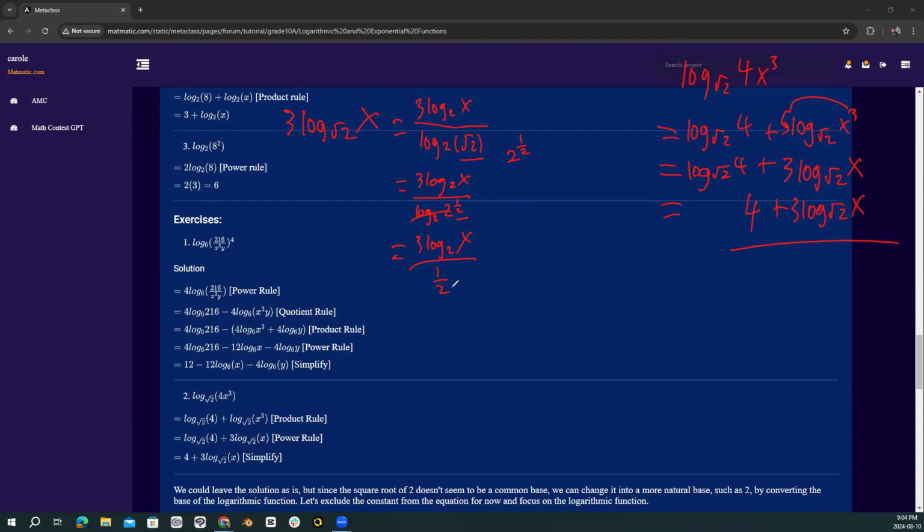So this is just multiplied by 2, which we would get 6 log base 2 of x. And now we can finally bring the 4 back. So plus 4. And this would be our final solution.